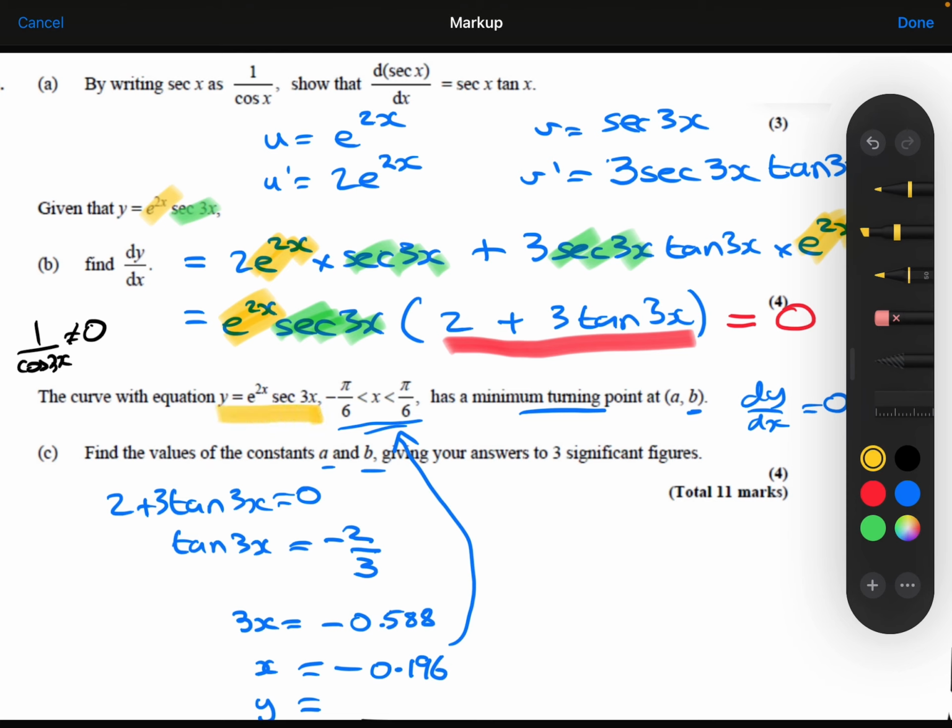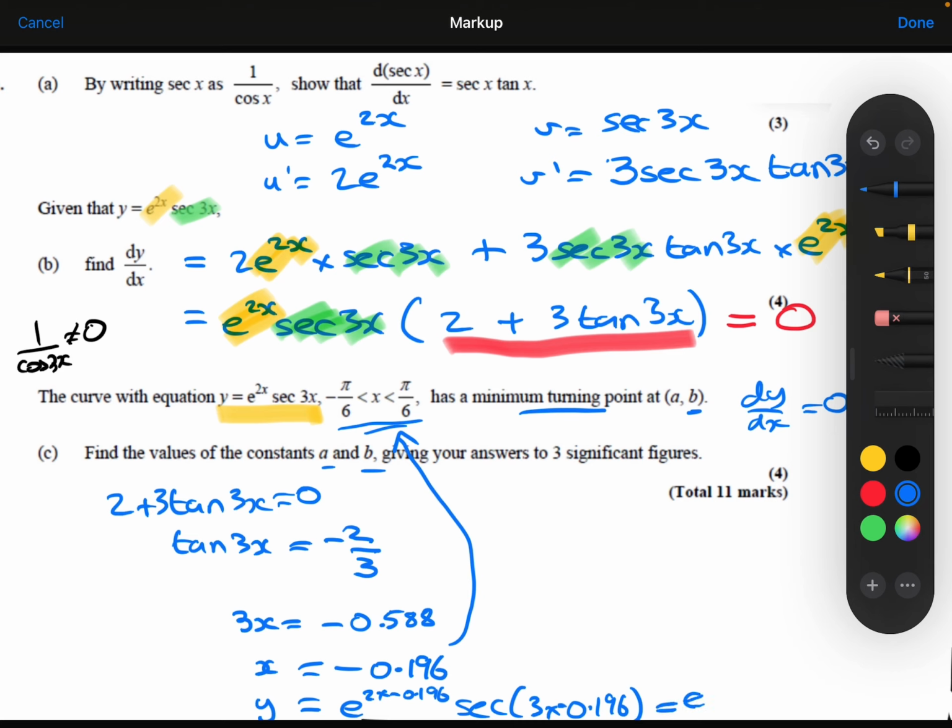So if I do e to the power of 2 times minus 0.196 times sec 3 times minus 0.196. Obviously, you won't be able to put the sec in your calculator, but you can put 1 over cos.